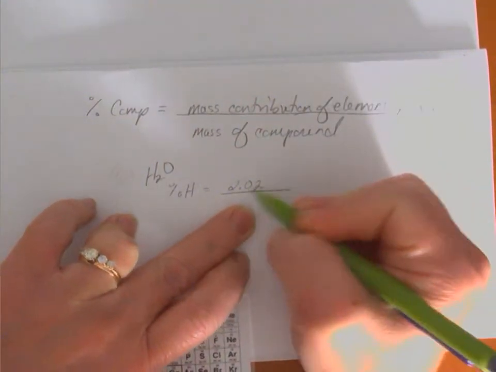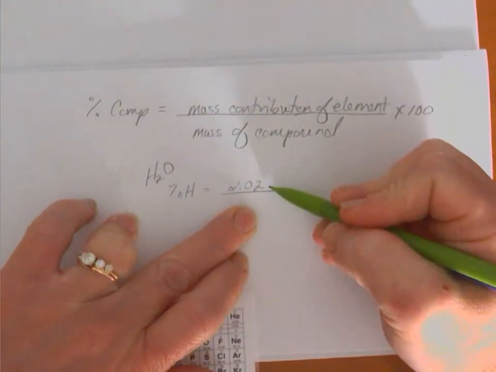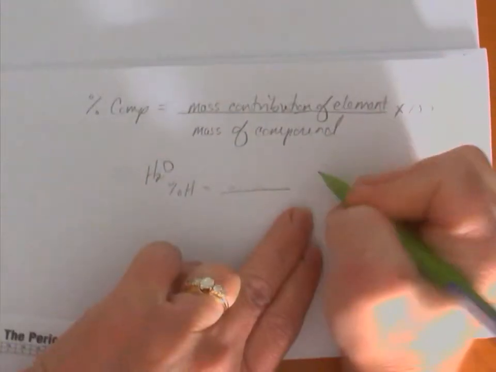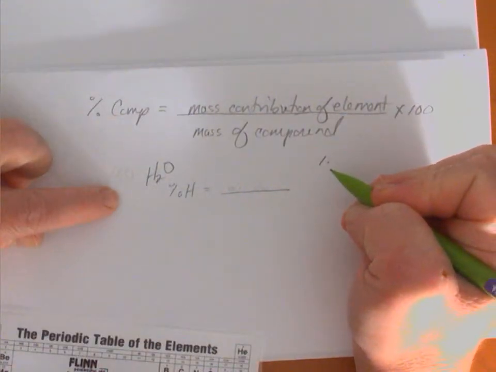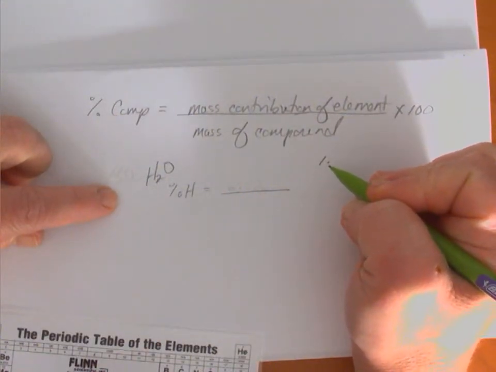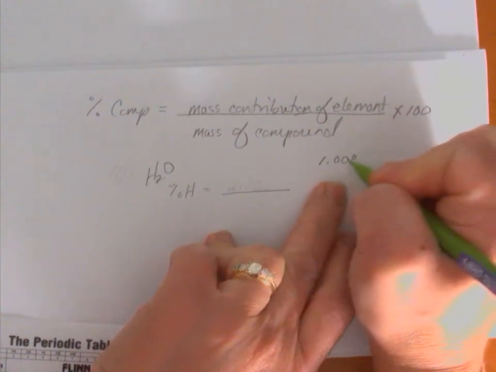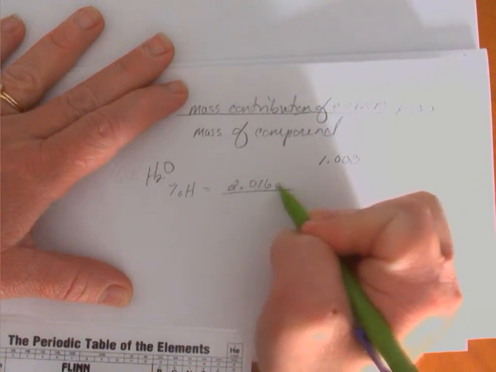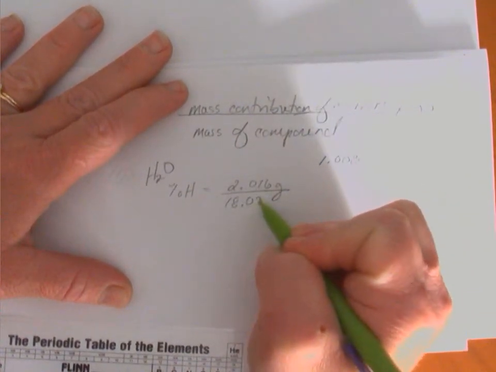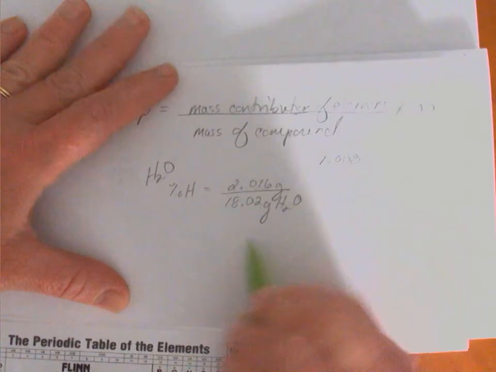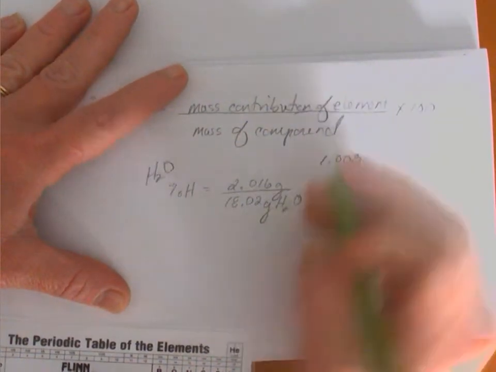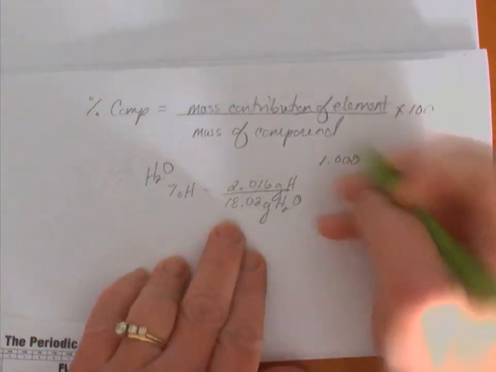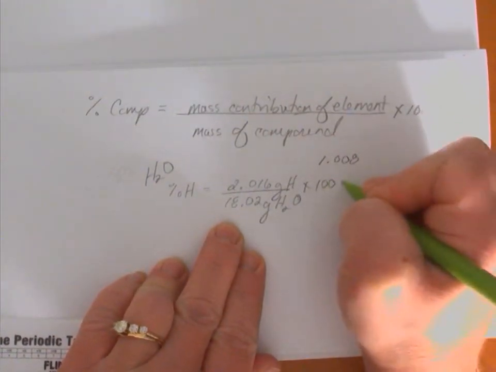Now, usually we want to report masses with 4 sig figs, so we should report the average atomic mass of hydrogen to be 1.008 and then times 2, so this would be 2.016 grams divided out by 18.02 grams. That, of course, is the addition of oxygen to water, so this would be the mass contribution of hydrogen compared to the mass of the whole thing multiplied by 100.